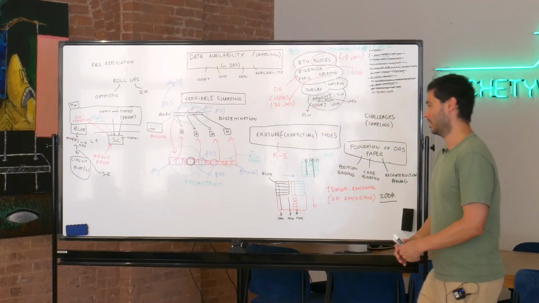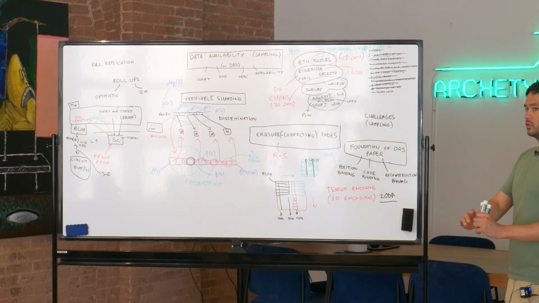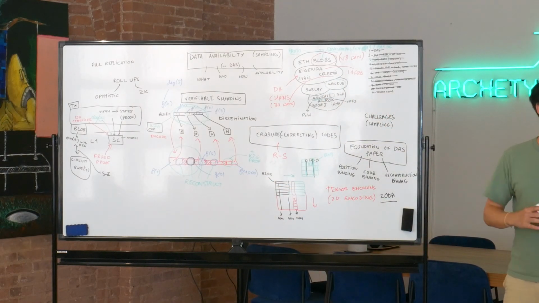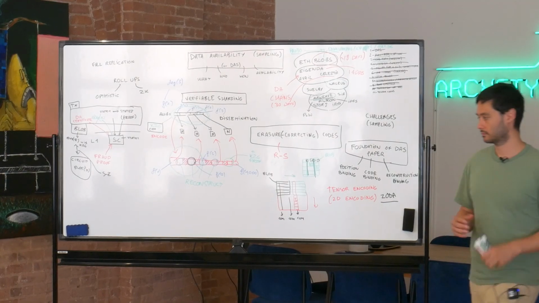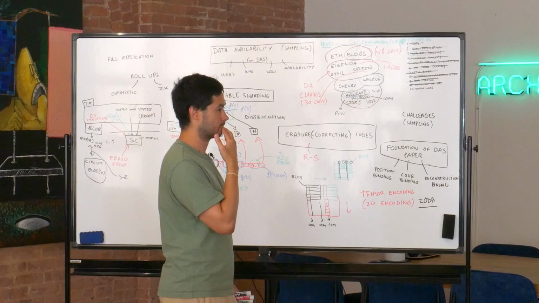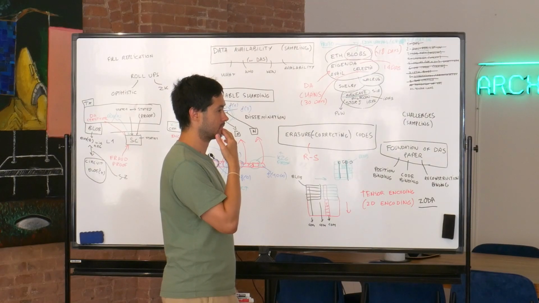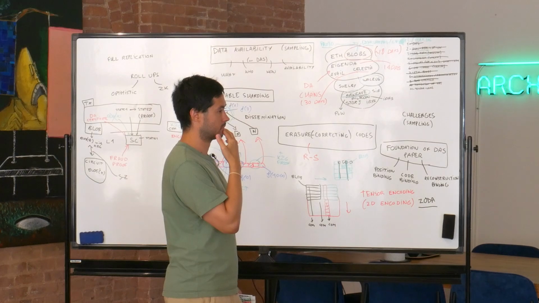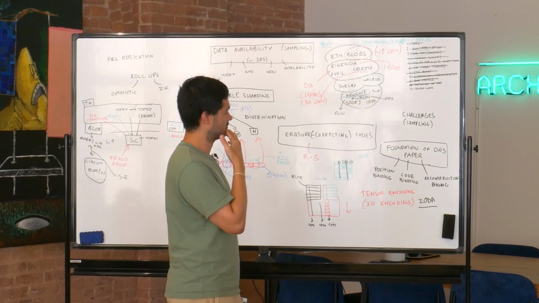All right, no other questions? Yeah? Going back to tensor codes, how do other erasure-correcting codes, like linear codes, fit DA, relative to more advanced forms of erasure coding like Reed-Solomon?